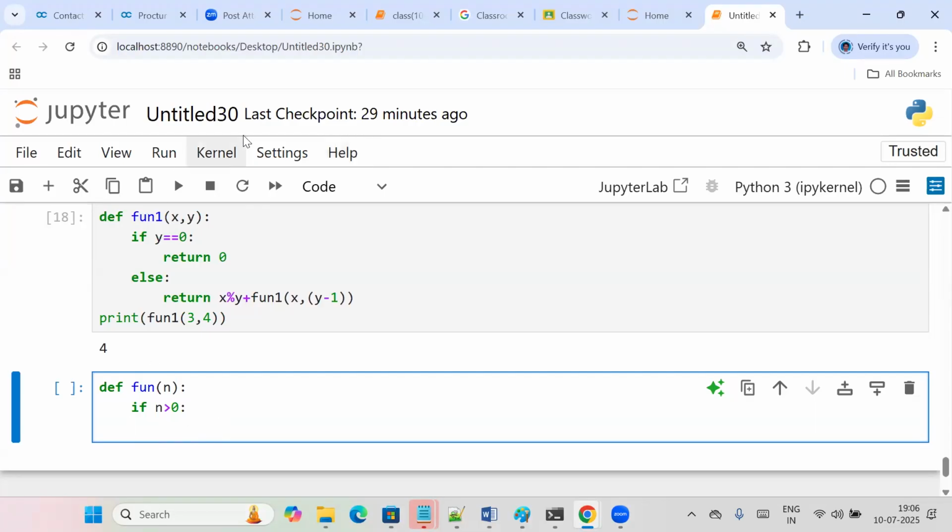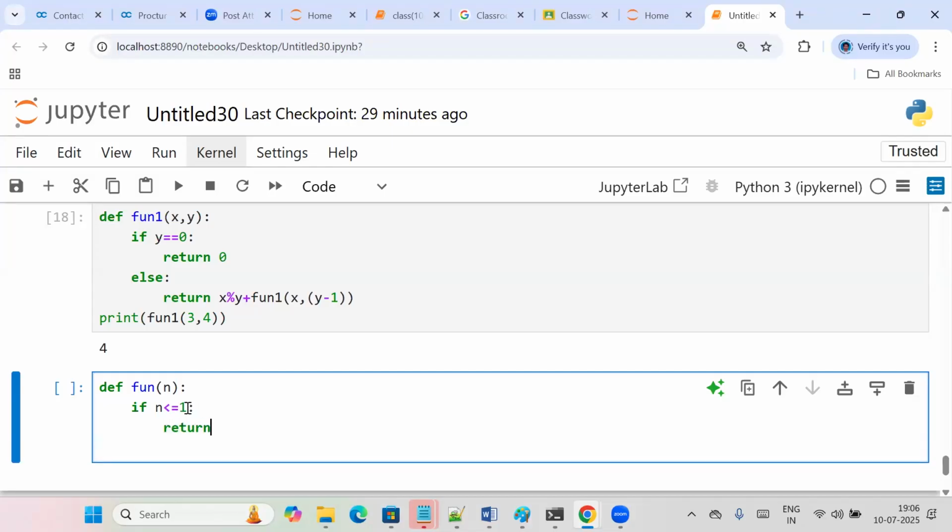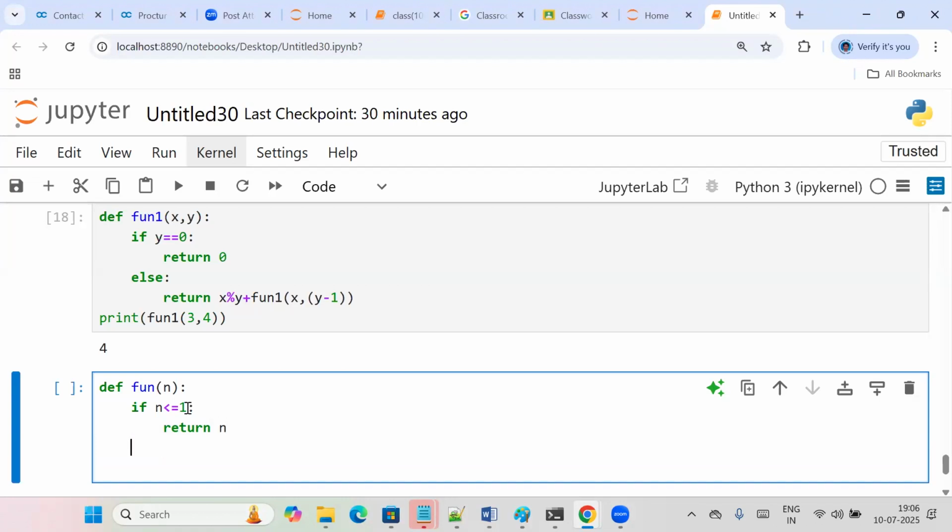Okay, everyone got 4 here. Fine. Nice. Let me change it somewhat differently. Else.